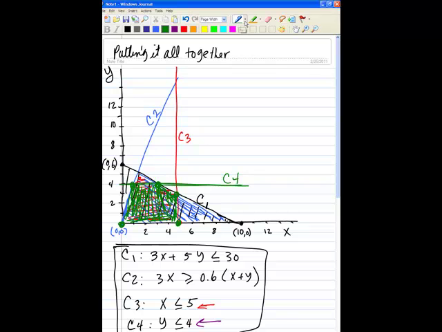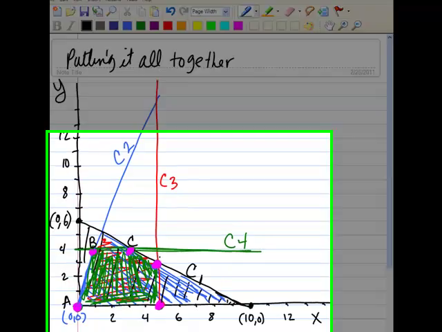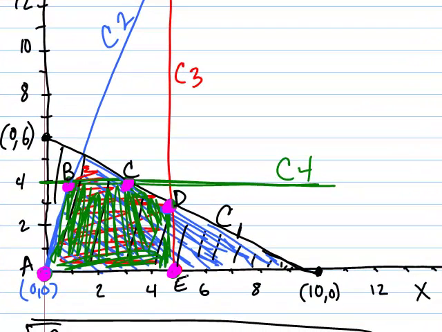I'm going to highlight them with this fuchsia color just to make them visible, and then I'm going to label them with the letters A, B, C, D, and E. So our corner points for the feasible region for this entire problem are A, B, C, D, E, because they contain the overlapped feasible region of all the constraints.